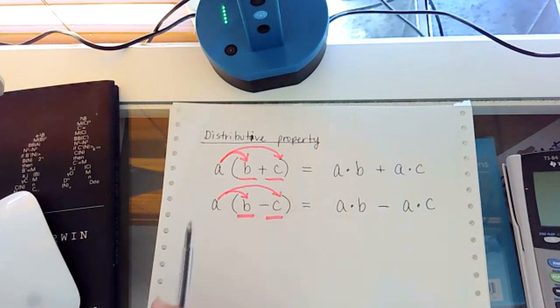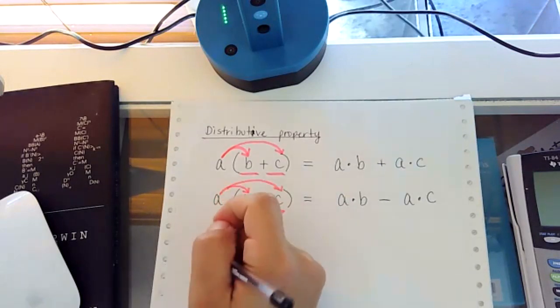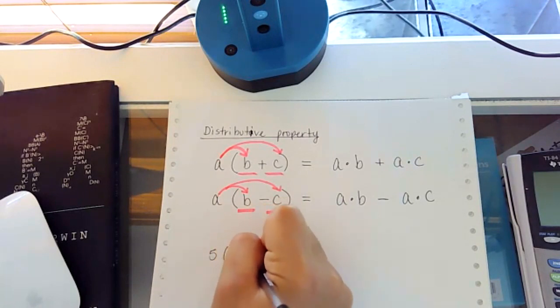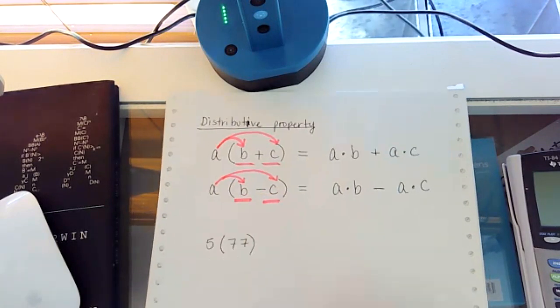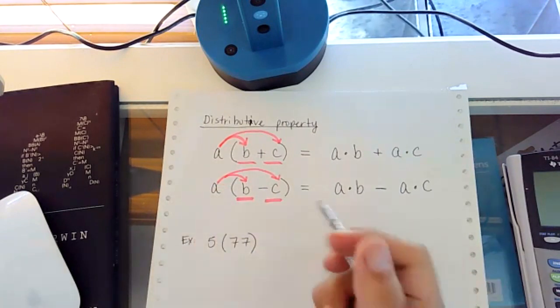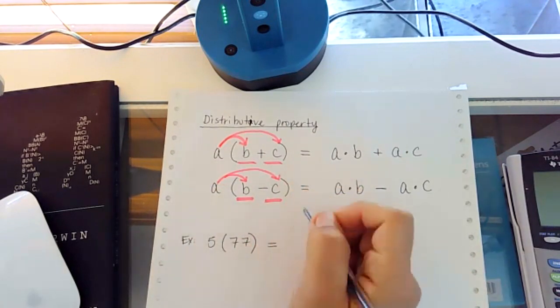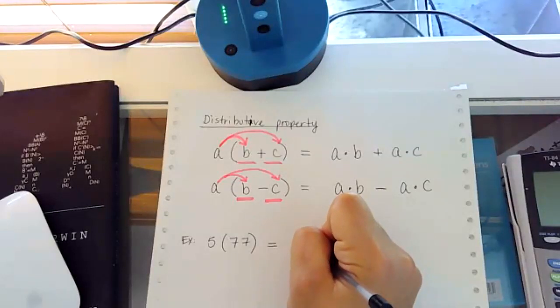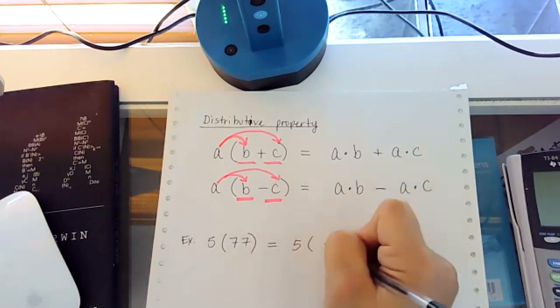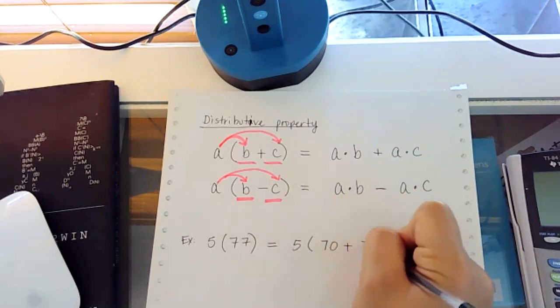And this is a way that some of you might already be doing mental math in your head. For instance, if I asked you what is 5 times 77 without writing it down, some of you might say to yourself, well, I can say that 77 is the same thing as 70 plus 7.